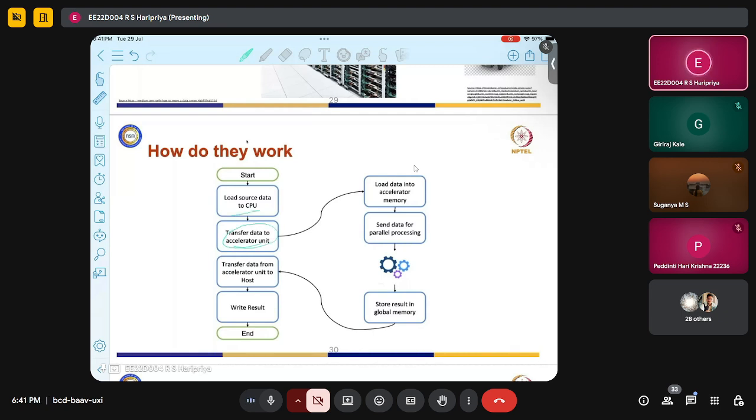Say we have a CPU, and the data intensive work we transfer to the parallel processing coprocessor, get the results, and again transfer them to the CPU.